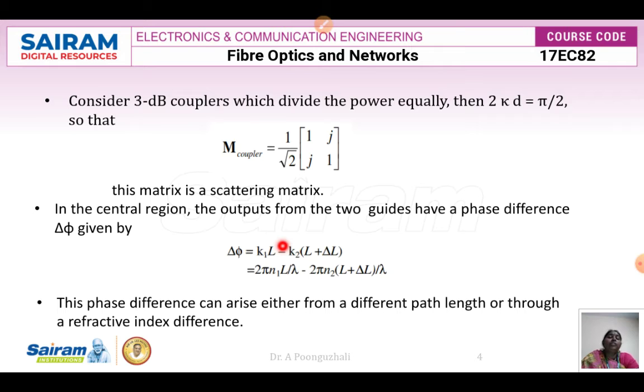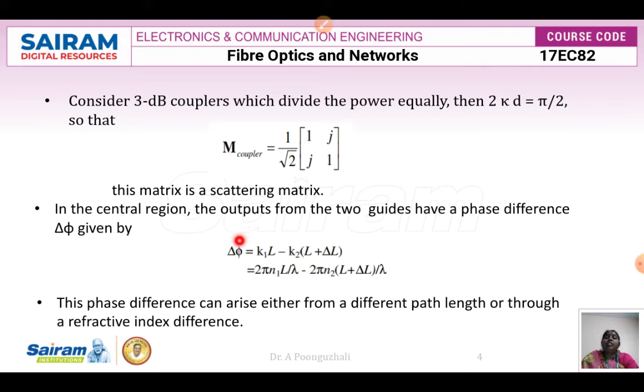If I substitute, cos pi by 4 is 1 by root 2, and sin pi by 4 is also 1 by root 2. So my M coupler matrix is 1 by root 2 times [1 j; j 1], where this matrix is nothing but a scattering matrix. That is the first stage output.